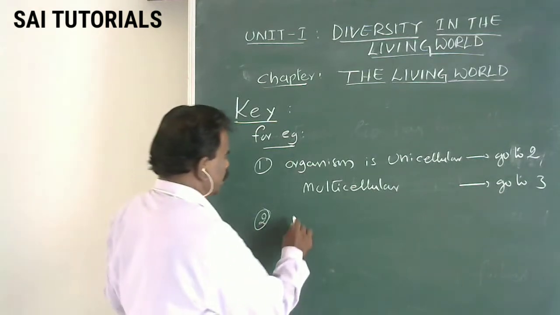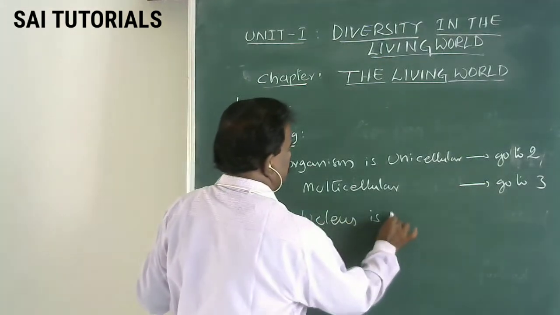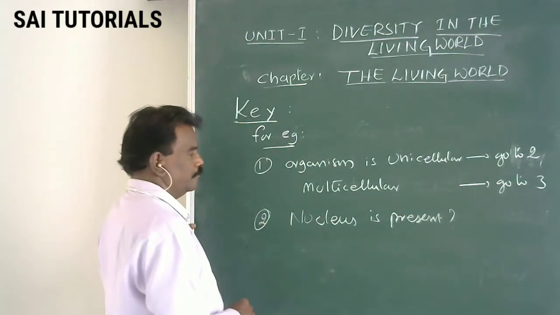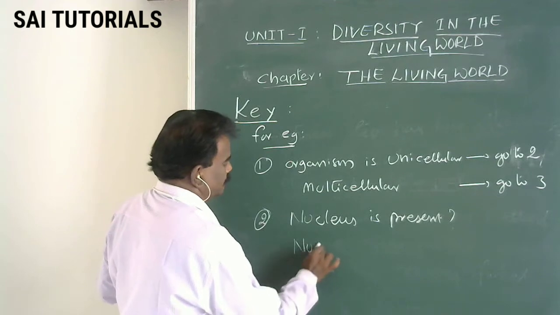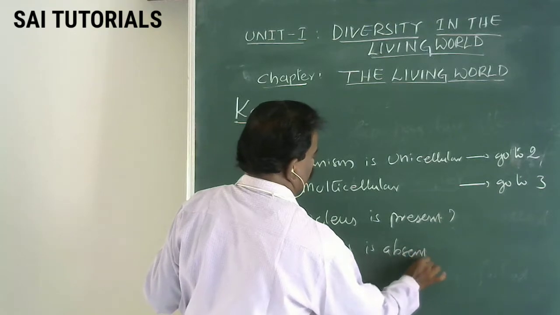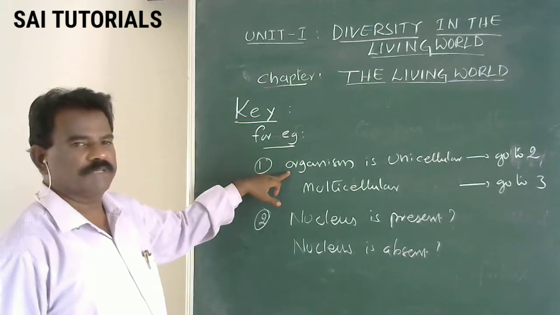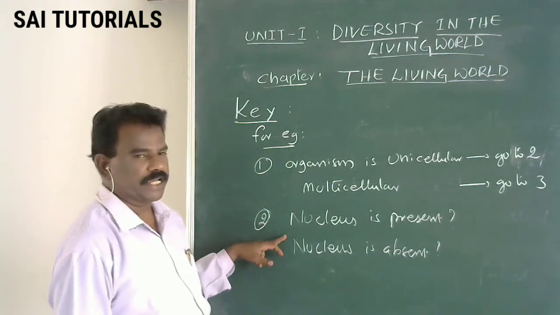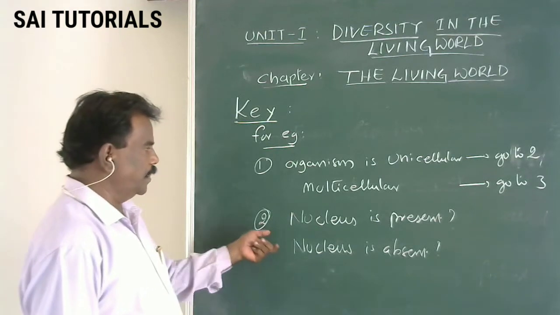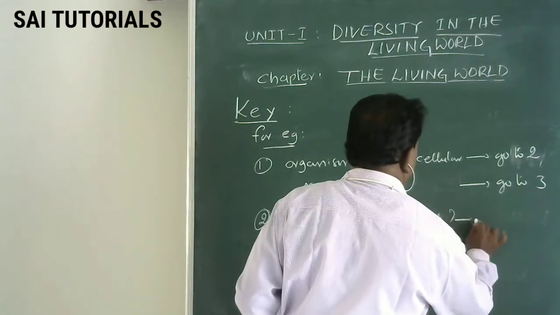Suppose the organism is unicellular. Then we go to the second couplet, which contains nucleus present or nucleus absent. After identifying the organism as unicellular, we check whether the nucleus is present or not.